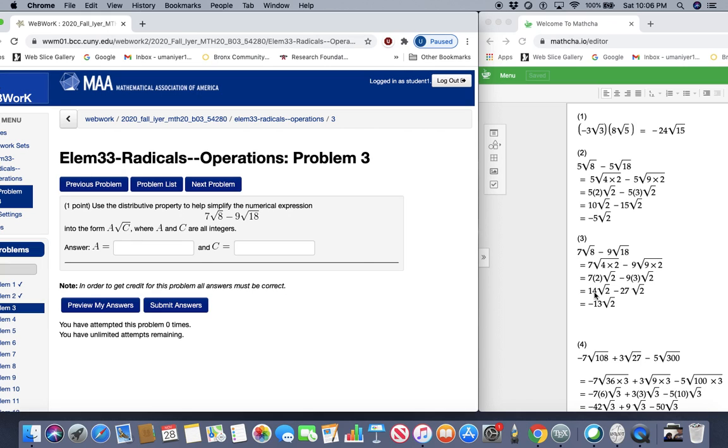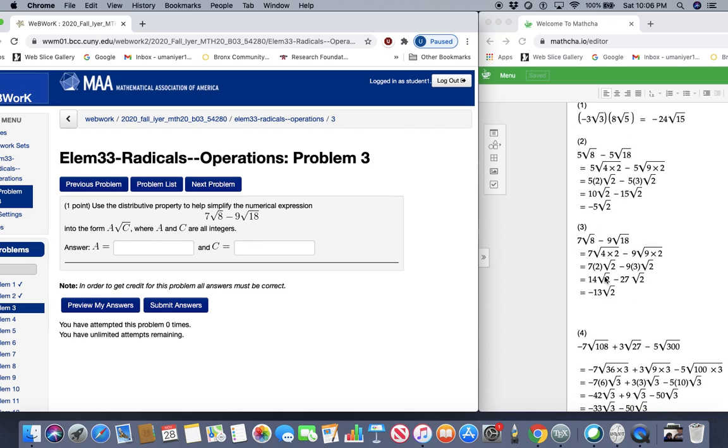So that's 14 radical 2 minus 27 radical 2. These are like terms, like radicals. So I just combine 14 minus 27. That's negative 13 radical 2. Negative 13, and C is the radicand.